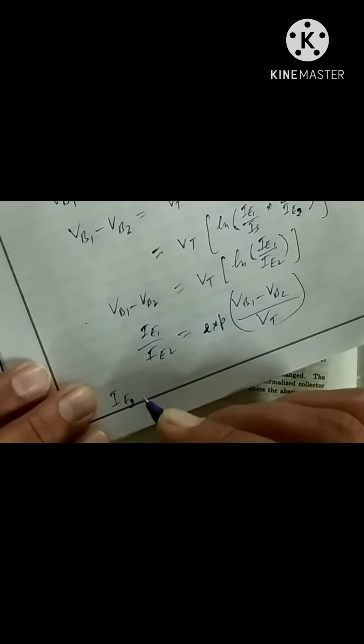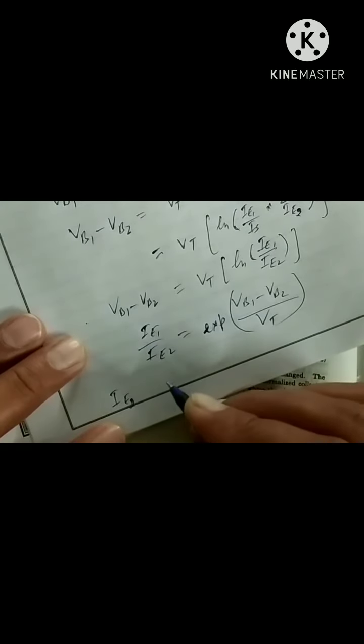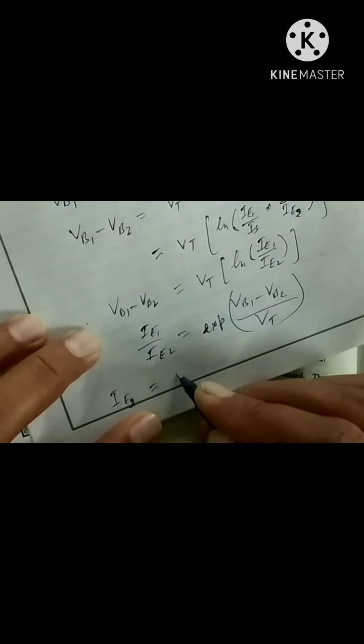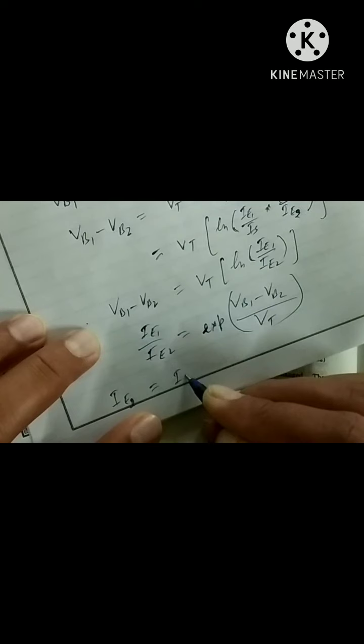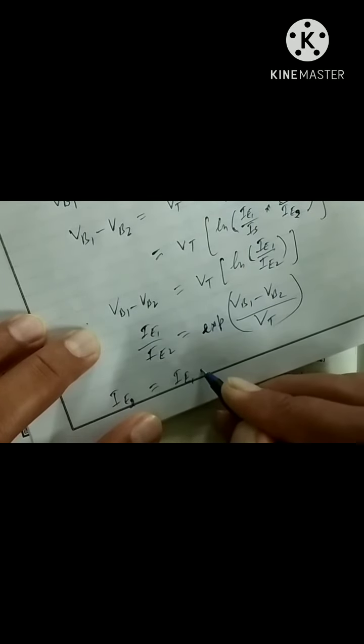So IE1, we will evaluate IE2. IE2 is equal to IE1 into exponential minus VB1 minus VB2 divided by VT.